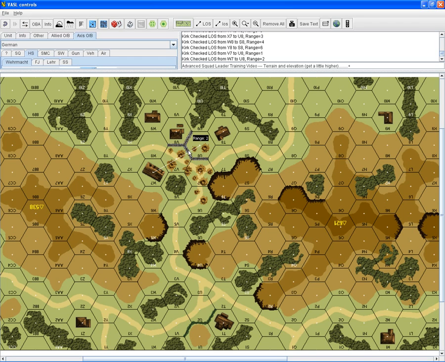One of the things you can do, since hedges and walls are half-level obstacles, is to actually get up to a different level. Half-level obstacles do not block line of sight to a different level unit.